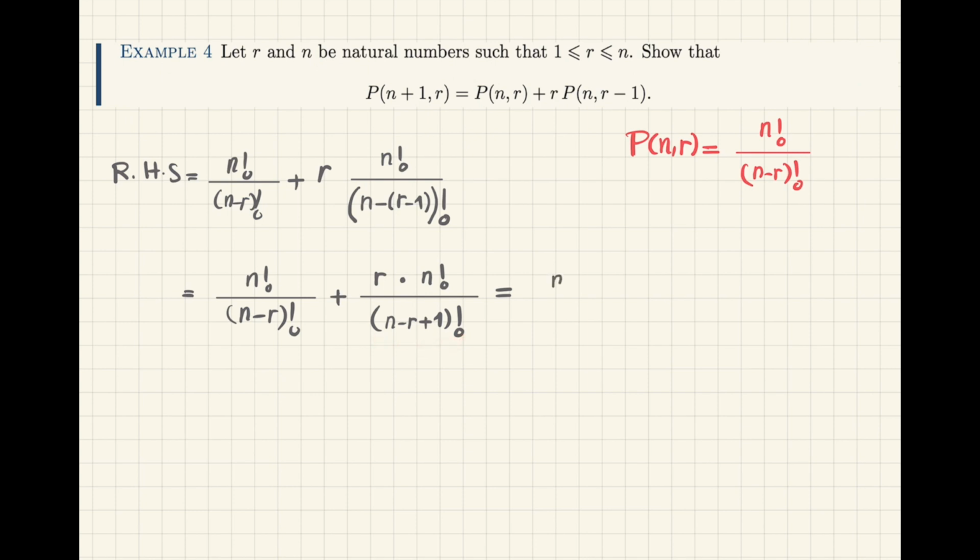I copy and paste the first part. The numerator I cannot do anything, I just write it as a product. But in the denominator I write something, tell me if you agree with me. I write it as (n minus r plus 1) times (n minus r) factorial. Is that understandable for everyone?